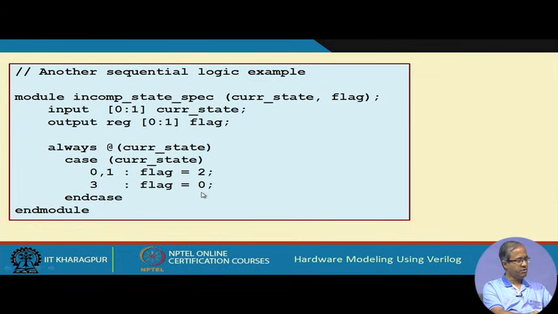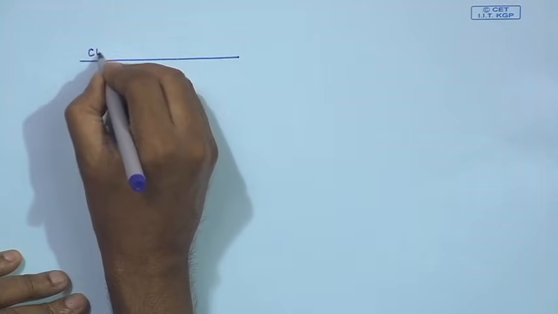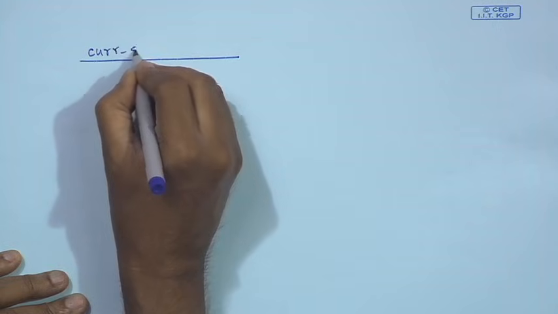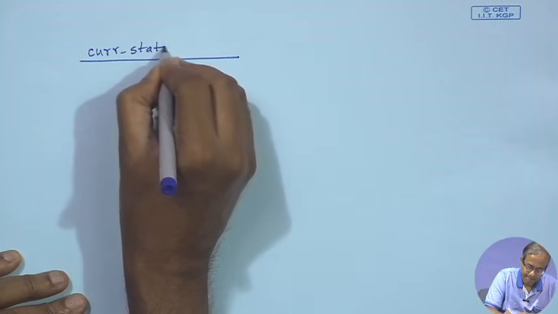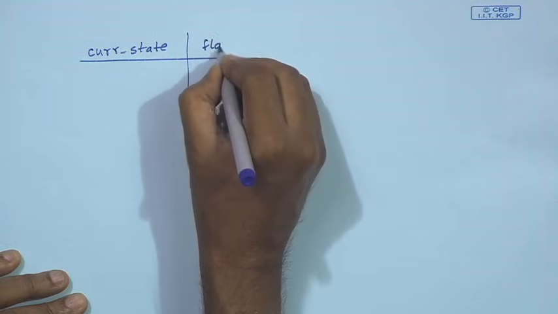Now the question is, why am I calling it a sequential logic? It is clearly like a combinational logic. Just try to construct a truth table kind of thing. Suppose I am listing my current state and the expected value of flag which I am setting.